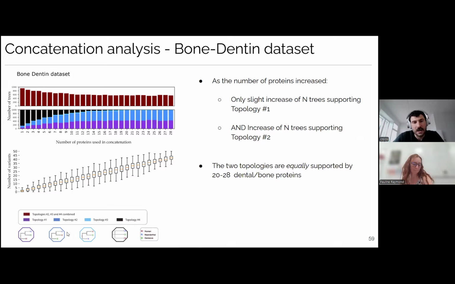So with 28 proteins, we have roughly the same support for the topology with Neanderthals and modern humans being closer, and Neanderthals and Denisovans being closer. And luckily, we were also able to show that with around 20 proteins, you're fully able to say something about the relationship of your samples. So you need around 20 proteins to be able to tell that.